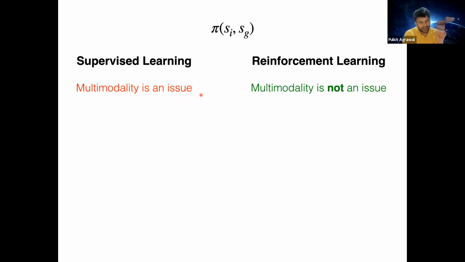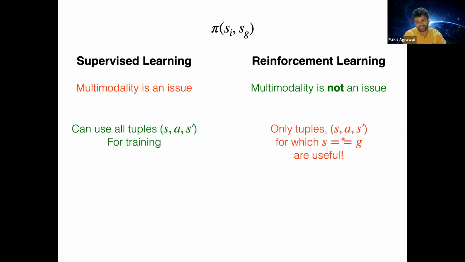But the one advantage that the supervised learning had, that if I had any data points at S, A, S prime, we can use all this data to train my inverse model. But when I'm doing reinforcement learning, suppose I have a tuple S, A, and S prime, where S prime is not the goal, that means I get a zero reward, which means this data point is not really useful for me to update my policy, right?